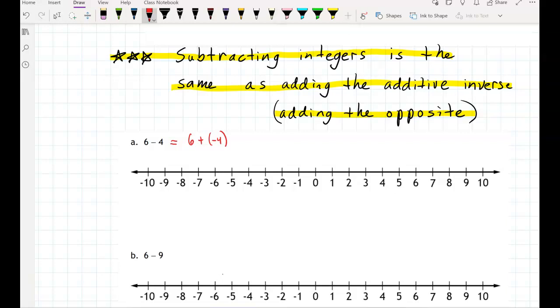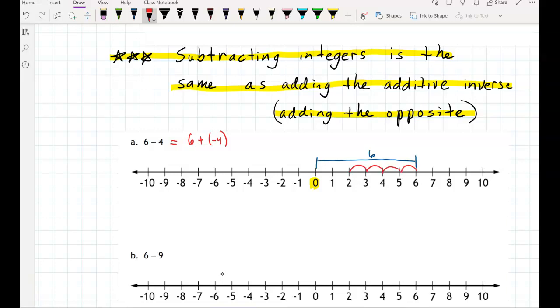So here's what we do. On a number line, remember, we always start at 0. So I go first to 6. There's 6. And now I'm going to add negative 4. 1, 2, 3, 4.